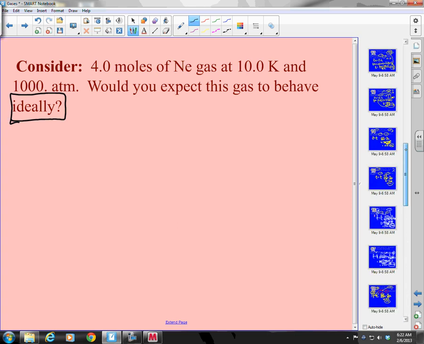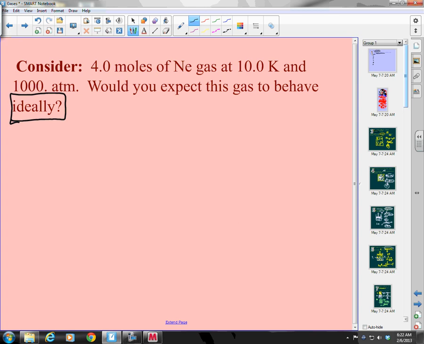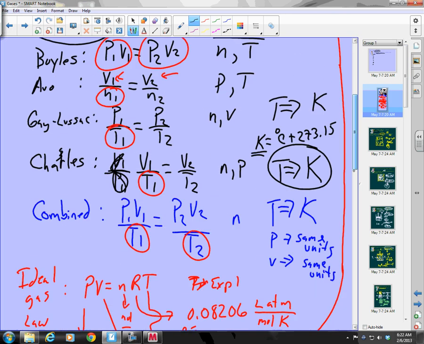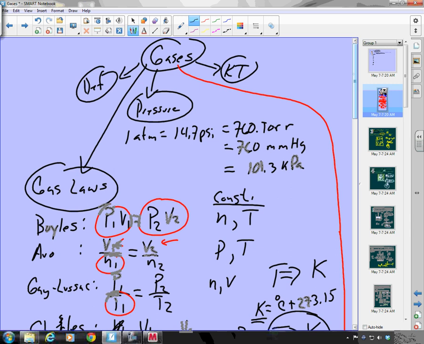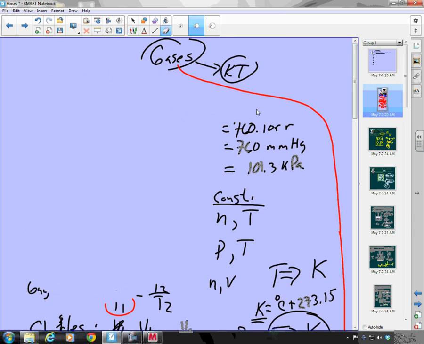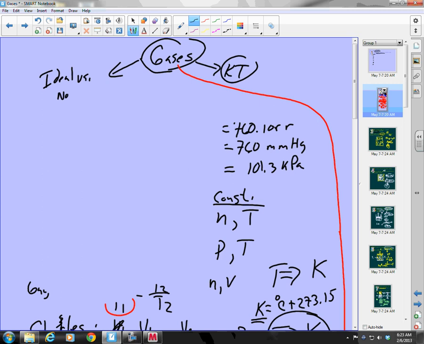Well, ideally, we've talked about a little bit. We said there's something called ideal gases. Let's talk about ideal versus non-ideal gases.